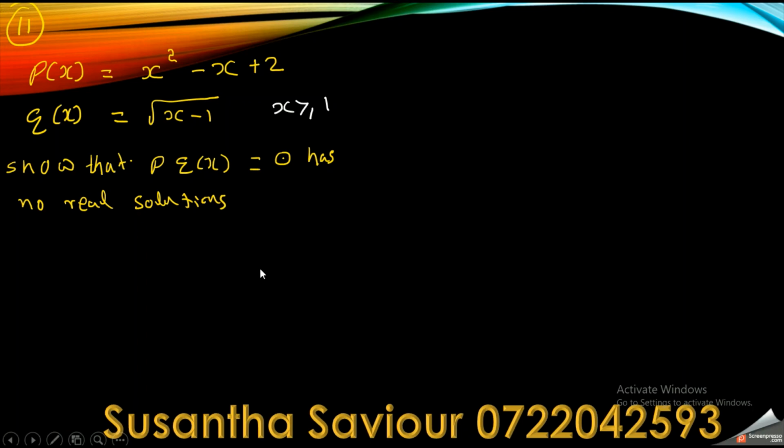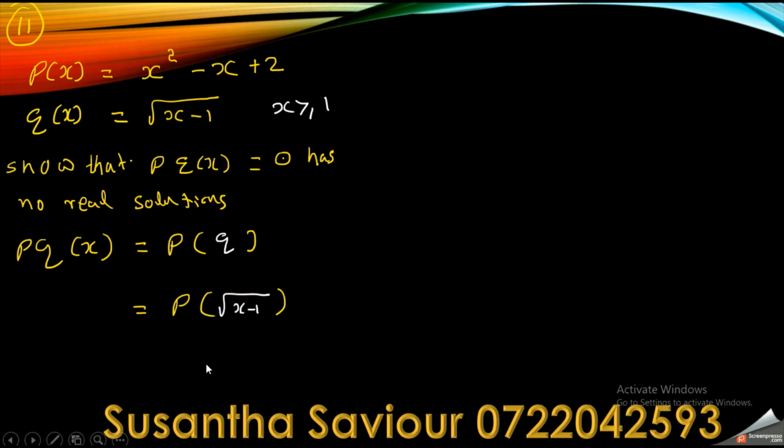So to answer this, first of all we got to find pq(x). pq(x) is: inside the function p, you apply q, right? So that is p of root of x minus 1. So that is (root of x minus 1) squared minus root of x minus 1 plus 2, right? We will simplify this.